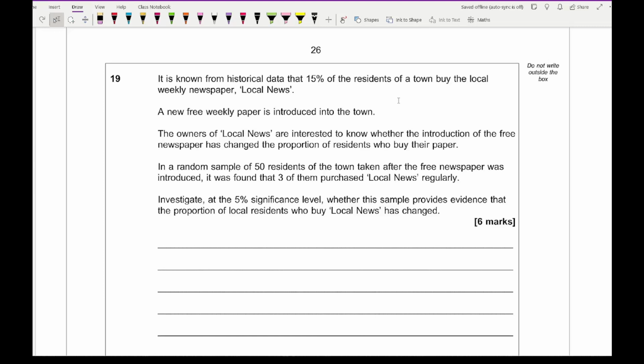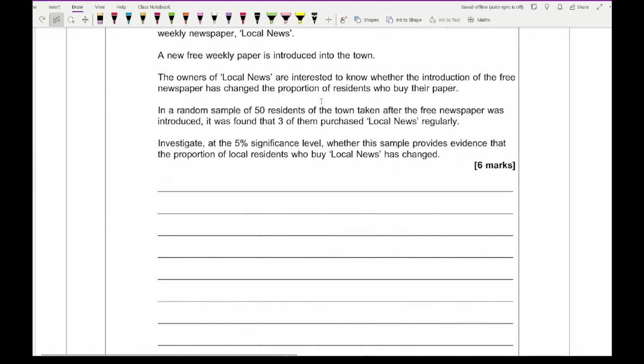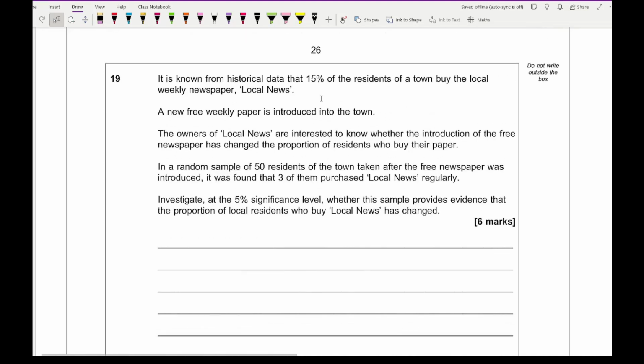A random sample of 50 residents from the town are taken after the free newspaper was introduced, and it's found that 3 of them purchased Local News regularly. Investigate at a 5% significance level whether the sample provided evidence that the proportion of local residents who buy Local News has changed. So for this, let's first of all set up our 2 hypotheses.